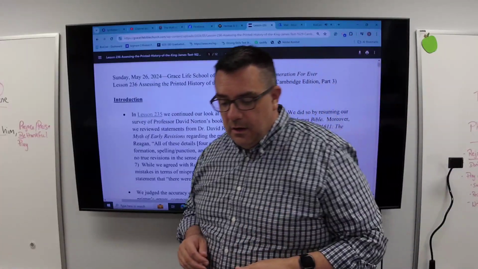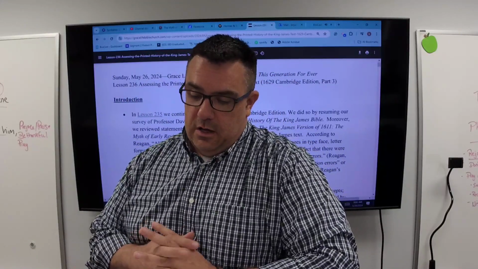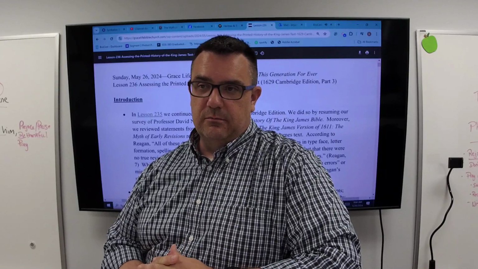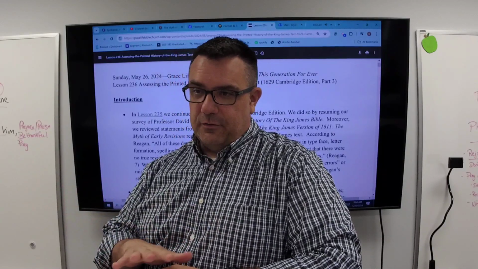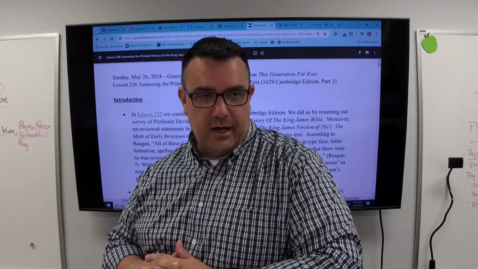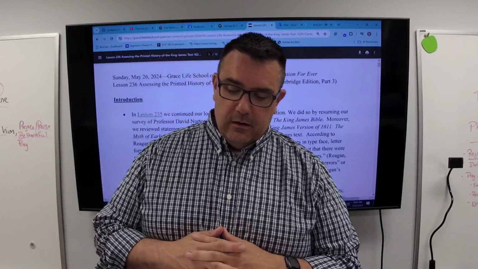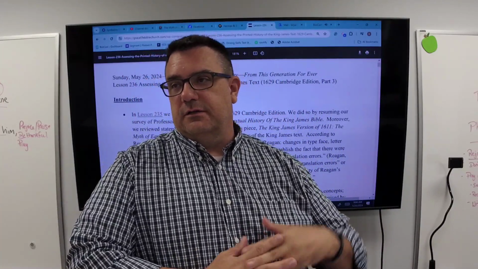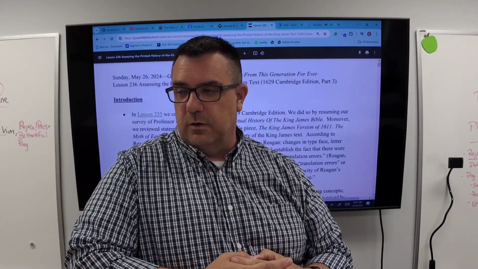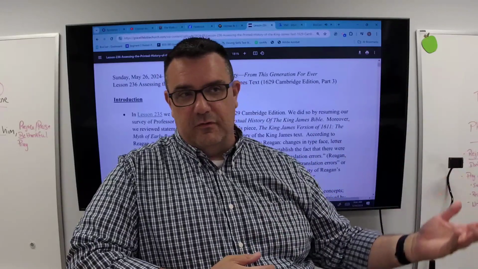All right, before we get started, a couple things. This is going to be the last lesson on the 1629 Cambridge edition. Whatever we get through, we get through. Whatever we don't, I'm going to commend to you in the notes to check out on your own time. I don't really want to cross a threshold into talking about the 1638 Cambridge, because once I do that, I'm opening the floodgates to having to finish that before we move on.